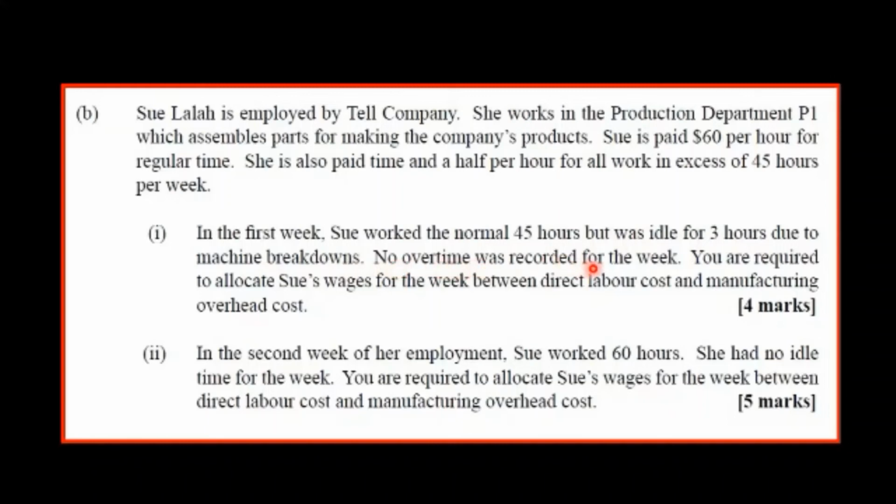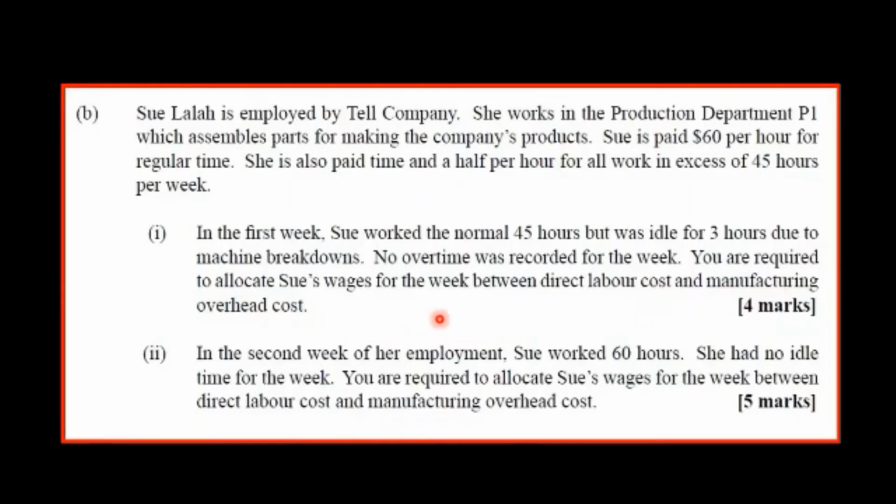No overtime was recorded for the week. You are required to allocate Sue's wages for the week between direct labor costs and manufacturing overhead costs. Okay, so this would be direct labor, and manufacturing overhead costs is indirect labor.